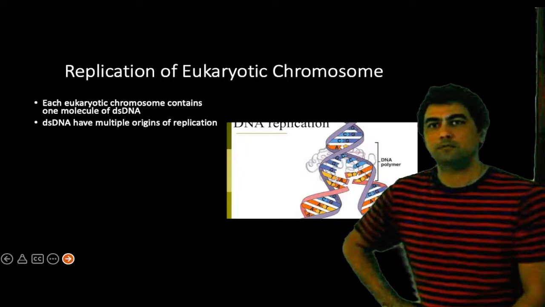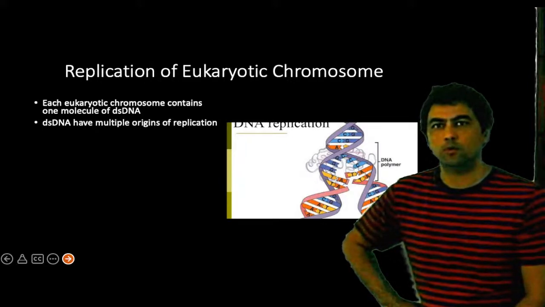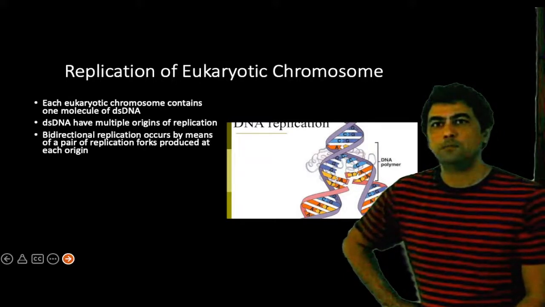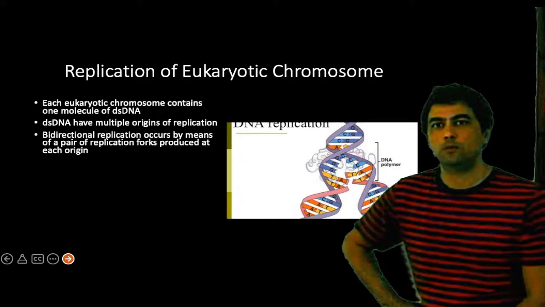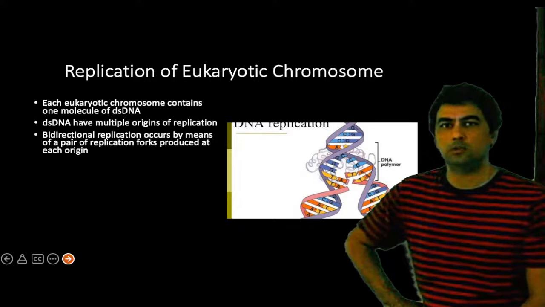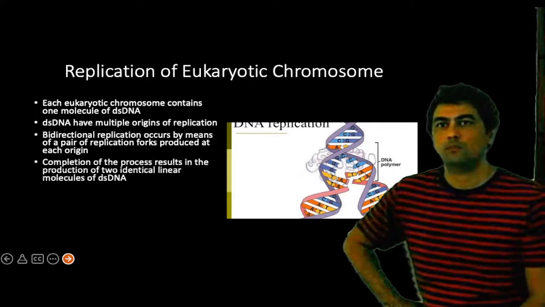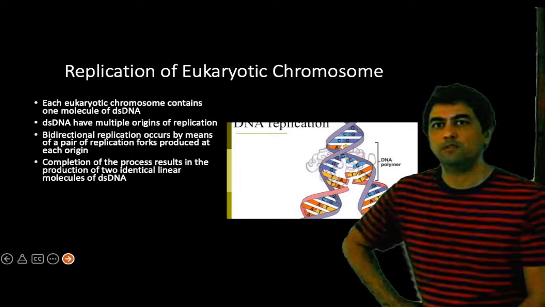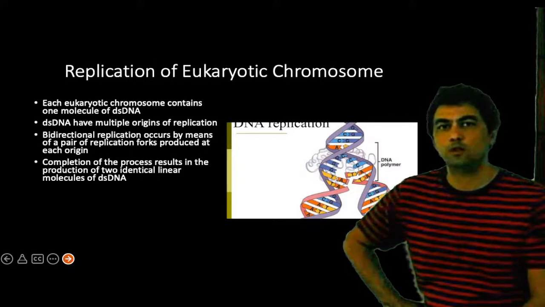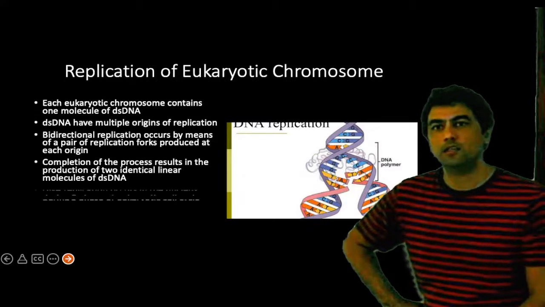The DNA has multiple origins of replication. Bidirectional replication occurs by means of a pair of replication forks produced at each origin. Completion of the process results in the production of two identical linear molecules of double-stranded DNA.